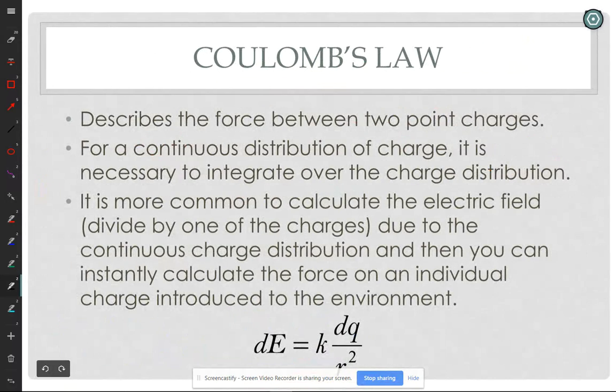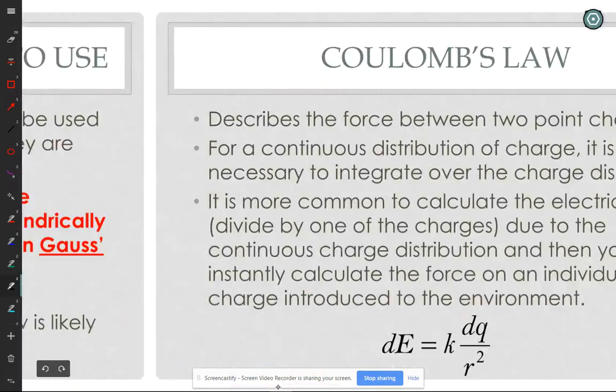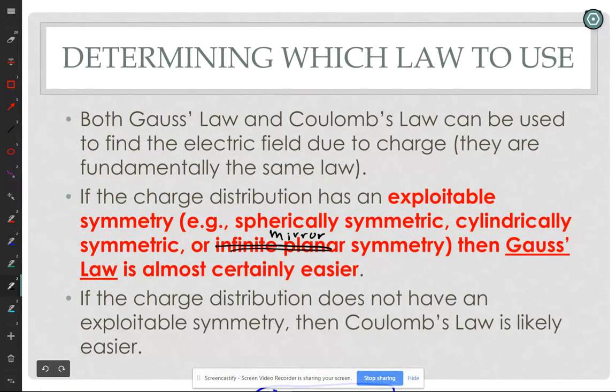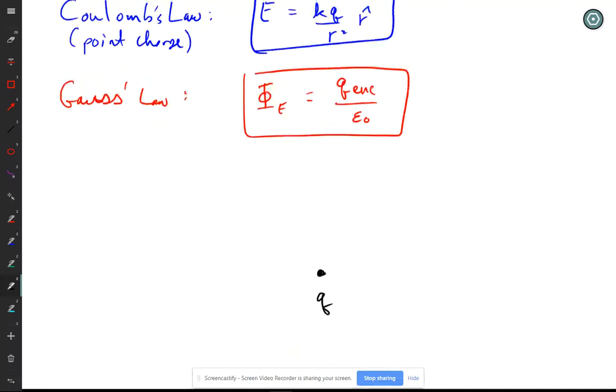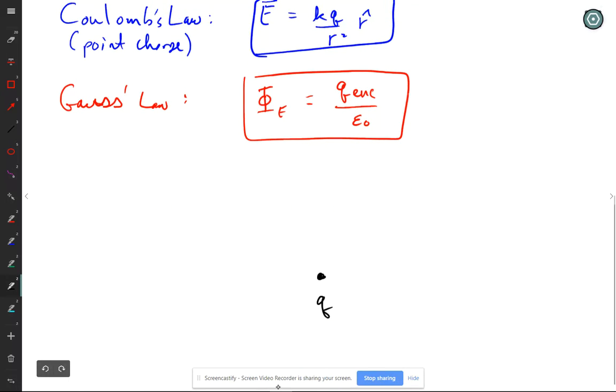Then we want to choose a shape where it's going to be easy to do the calculus. And so the calculus is the electric flux is the integral of E dot dA. What does the circle on the integral sign mean?